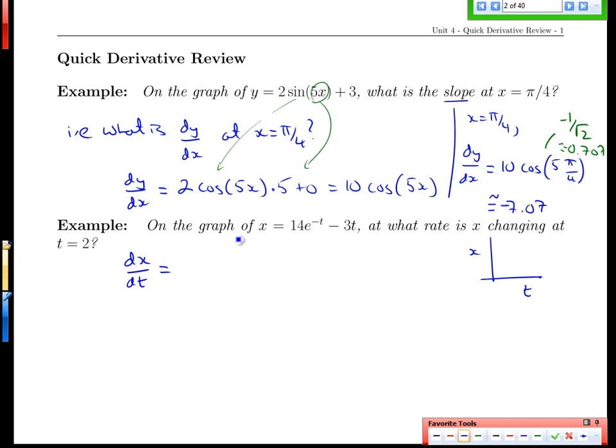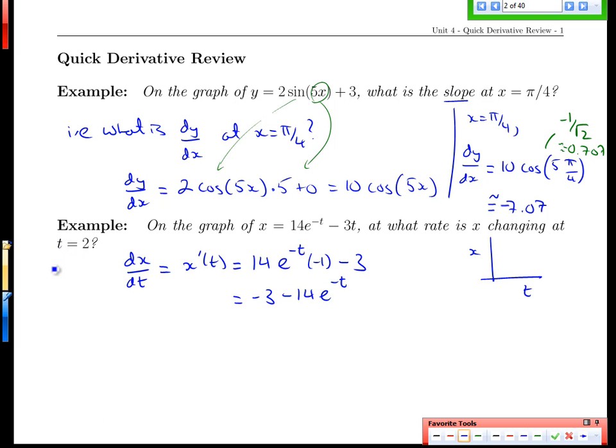And if we calculate the derivative, dx/dt, or if you like, x prime of t, then we can use our rules for the derivative of an exponential. It's always the same thing, but then times the derivative of the inside, which would be negative 1 in this case, minus the derivative of 3t, and that's simply 3. And so we can call that minus 3 minus 14 e to the negative t.